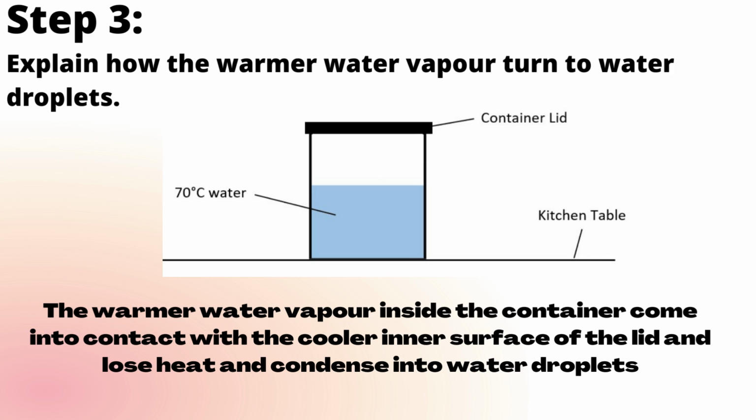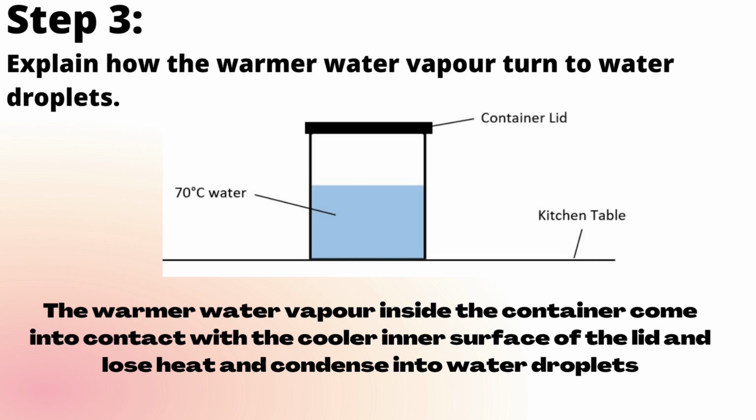There's a change in temperature. The warmer water vapor comes into contact with the cooler inner surface of the lid. Can you see the change in the temperature? When there is a change in the temperature, the warmer water vapor will lose heat. Condensation is about losing heat. Water vapor loses heat to condense into water droplets. So see the picture there.